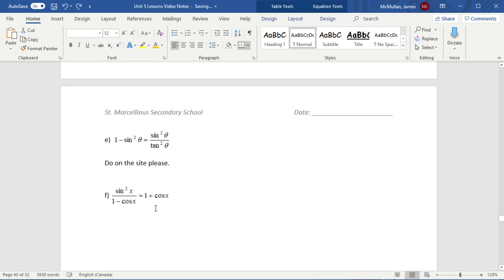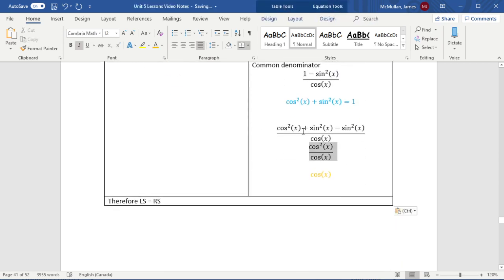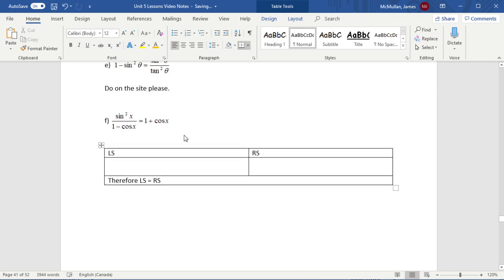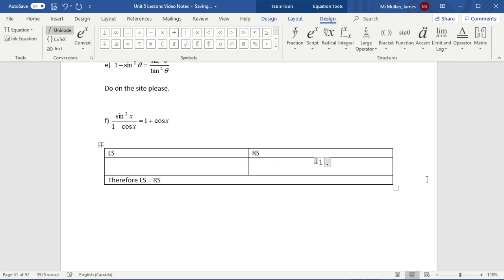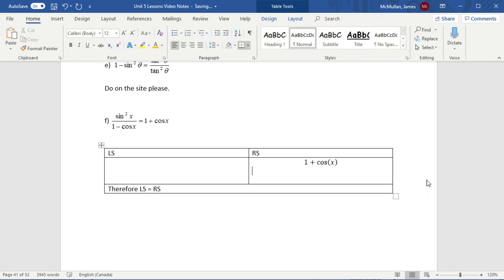Okay, so for F, let's look at what we got. Sine squared over 1 minus cos equals 1 plus cos. Now on the right side, you have 1 plus cos x. It doesn't really seem like there's much you could do here.